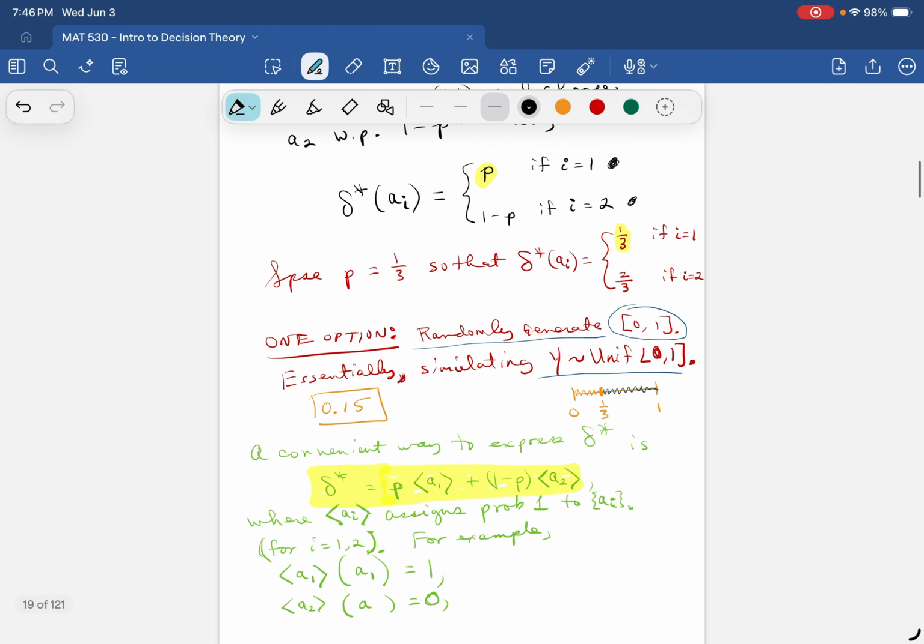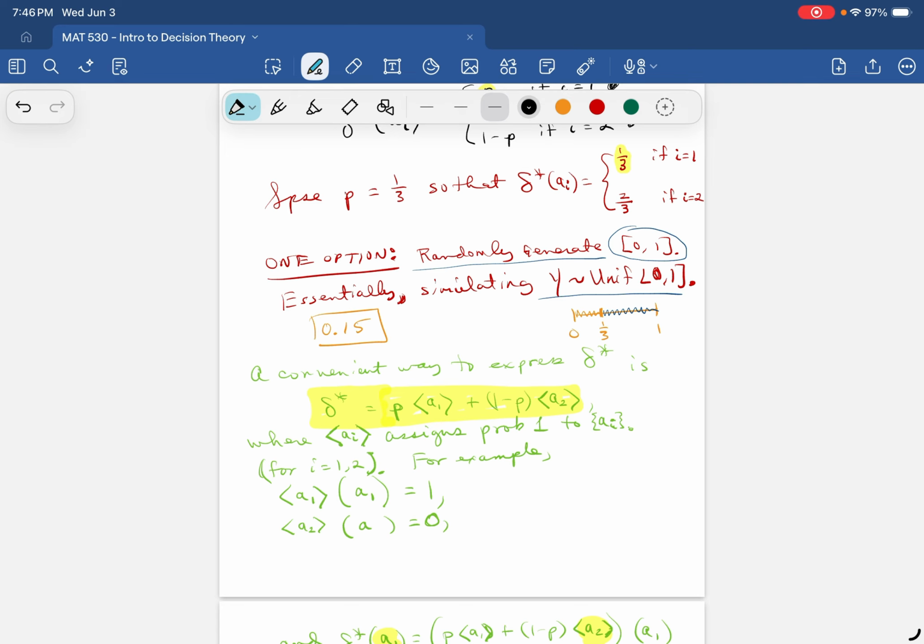But a convenient way to express these randomized decision rules is what we see here. And recall that this notation where we use the angle brackets, this is how we take a regular decision rule and turn it into a randomized rule. This would be the randomized rule which always chooses a1, which chooses a1 with probability 1.